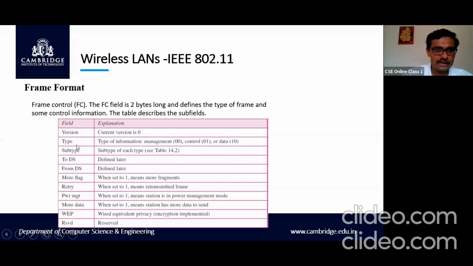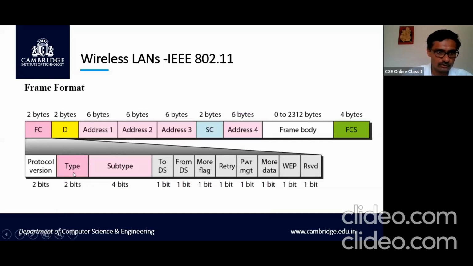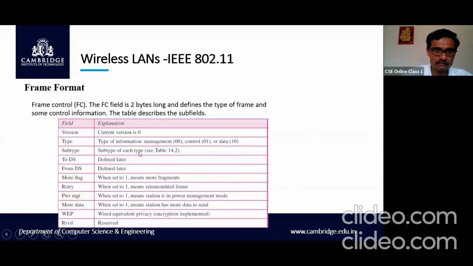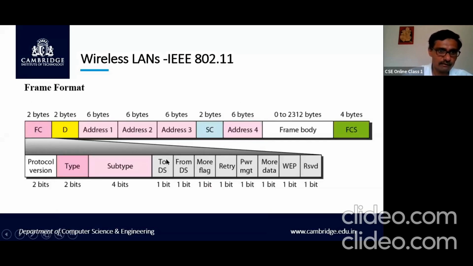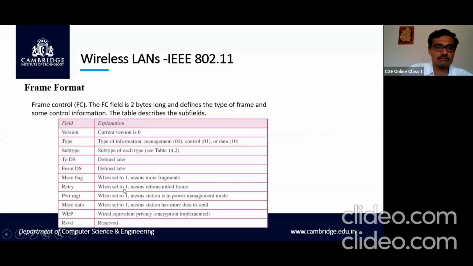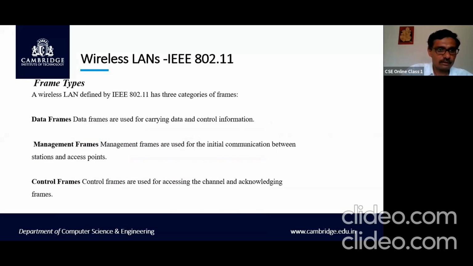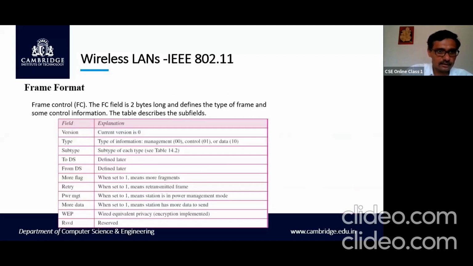To differentiate these 3 frames, this field is used. If it is 00, it is a management frame. If it is 01, it is a control frame. If it is 10, then it is a data frame. If it is 11, it is undefined, an invalid frame. Then subtype has 4 bits.